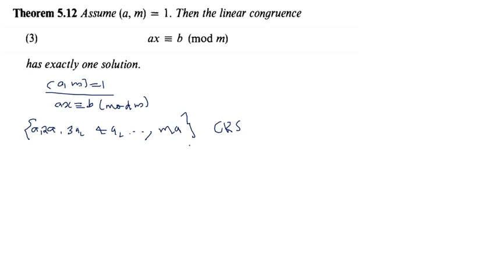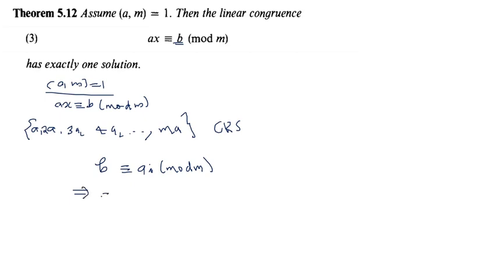So by this statement we can say that there exists an integer ai such that b is congruent to ai modulo m. Because if you take any integer, that must be congruent to one of the members of the complete residue system. Therefore, there must exist a unique element ia in the complete residue system such that b is congruent to ai modulo m. And we assume that ax congruent to b mod m.